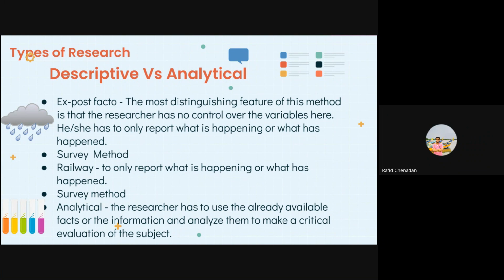I cannot say that we should get more rain next month. Instead, my role is only to study whatever rain I got. Basically, I don't have any control over the amount of rain, and whatever I study is basically a report or an evaluation of the existing situation. So it's ex post facto. And then we have survey method.